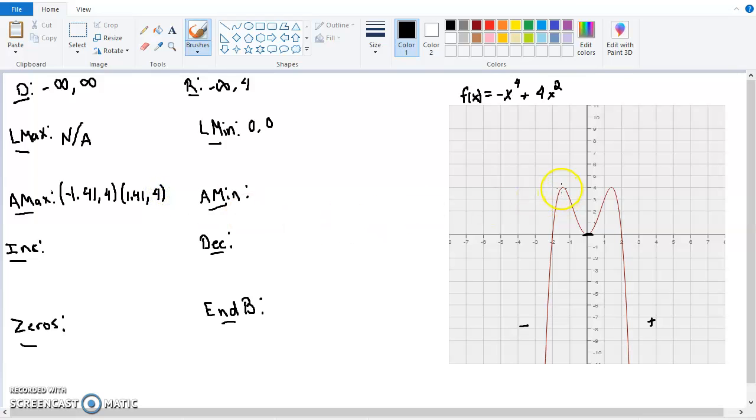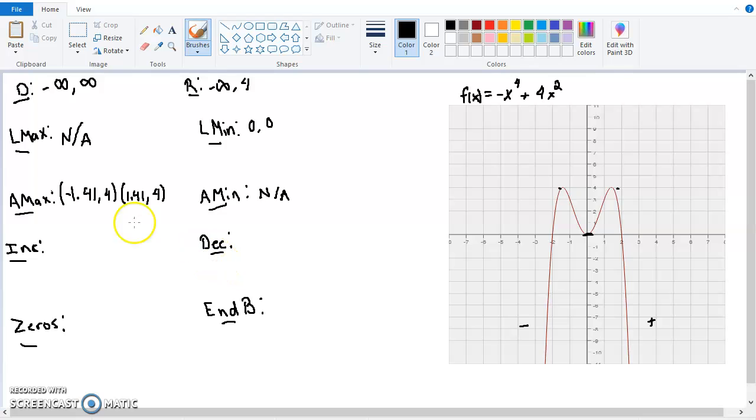There's both negative and positive. In your absolute min, you don't have one, since it goes on to infinity forever. So you put n/a for that.